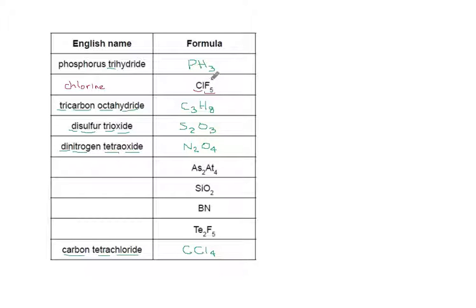And 5 fluorines becomes penta for the 5 fluoride. Remember, you're changing the ending of just the second element to ide, so chlorine pentafluoride.